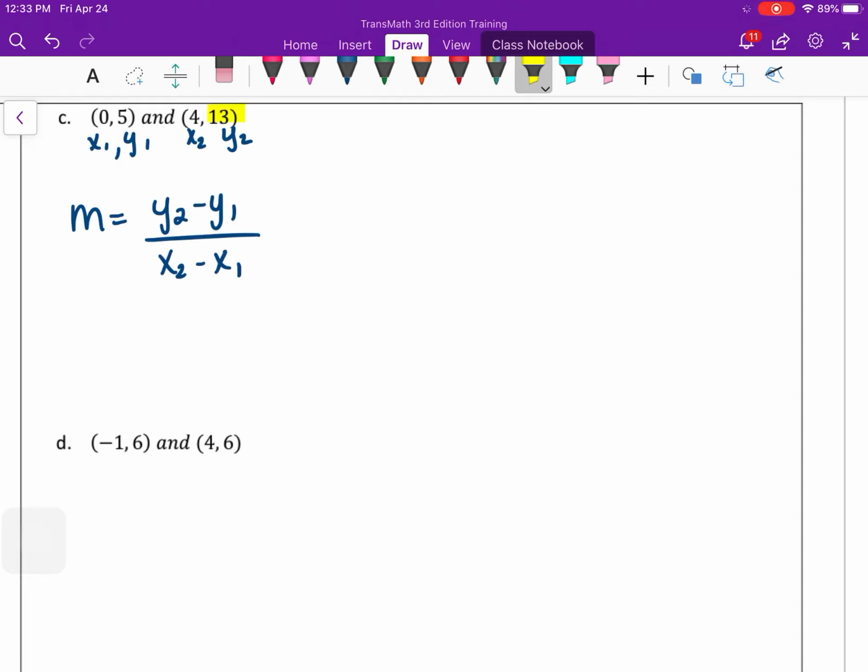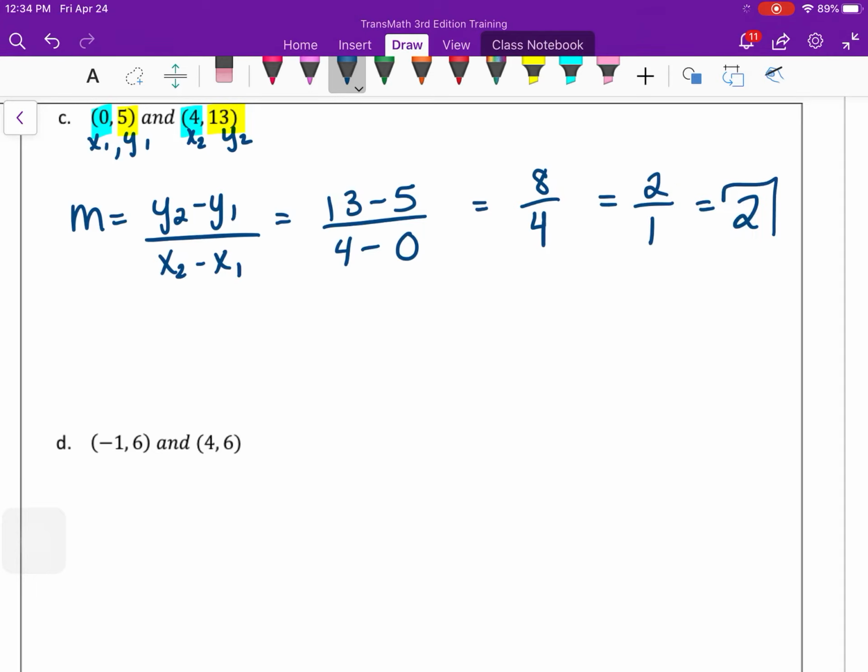So start with the y coordinates, 13 minus 5 on top, and then over 4 minus 0 on bottom. 13 minus 5 is 8, 4 minus 0 is 4, I can reduce that. 8 divided by 4 is 2 over 1, or just 2. Slope of 2.